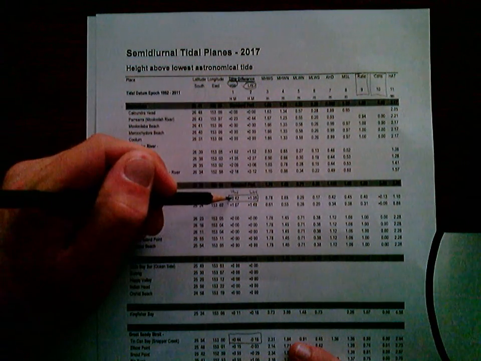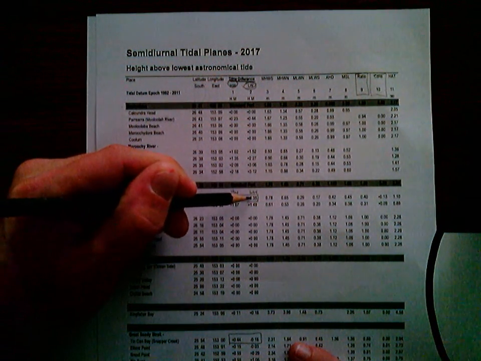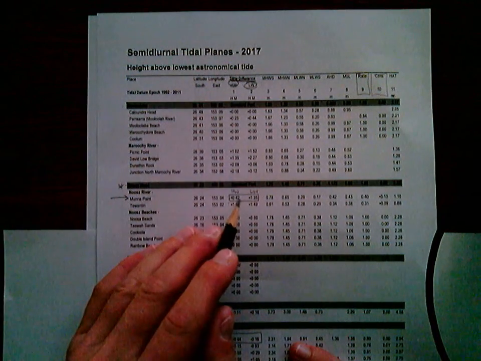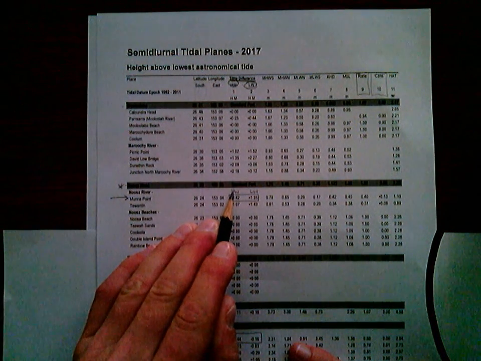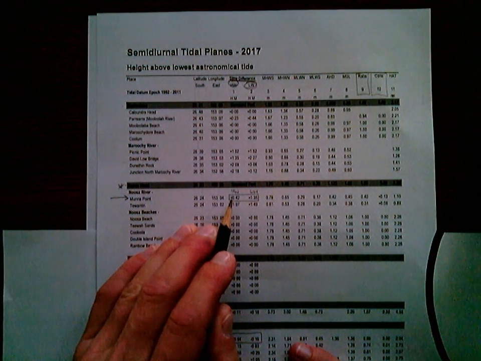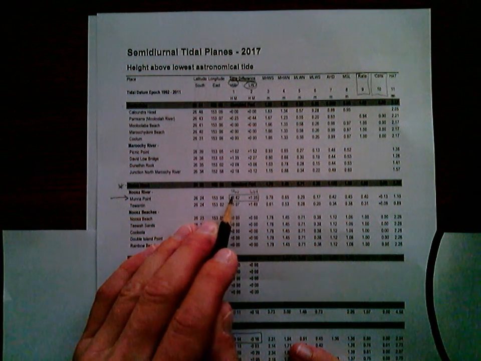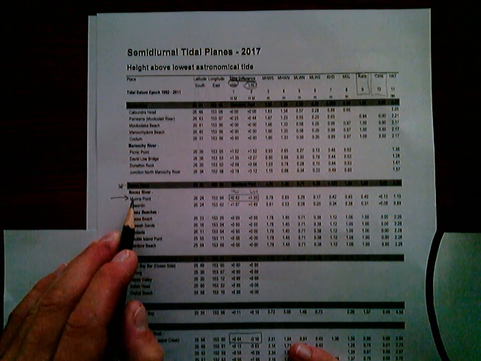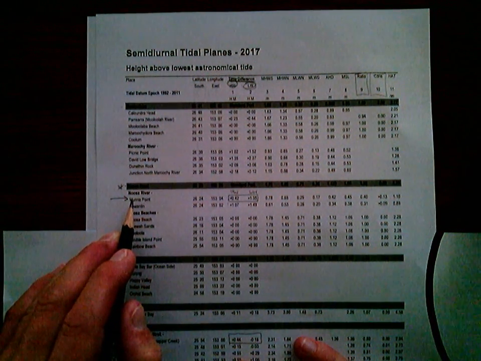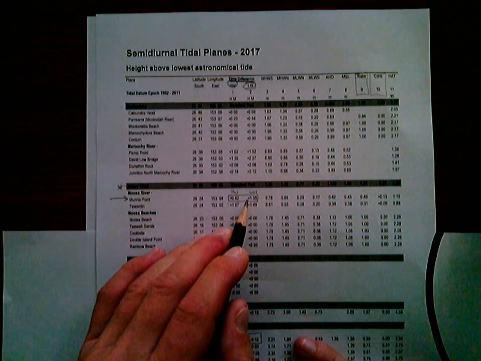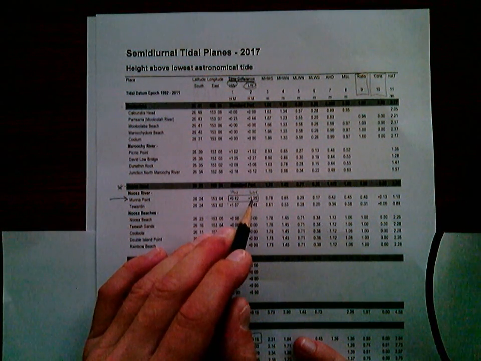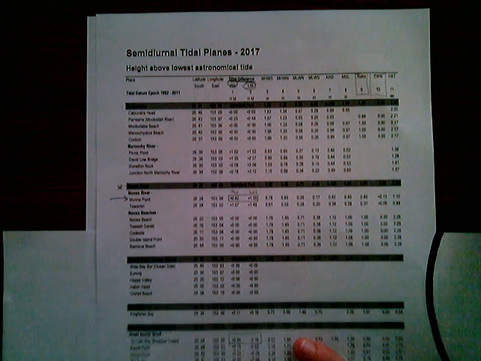Now this one is plus 42 and this one is plus 1 hour and 35, which means that for every high water at Noosa Heads we have to add 42 minutes to get the equivalent high water for Munna Point. Alternatively, for every low water at Noosa Heads we need to add 1 hour and 35 minutes to get the equivalent low water at Munna Point.